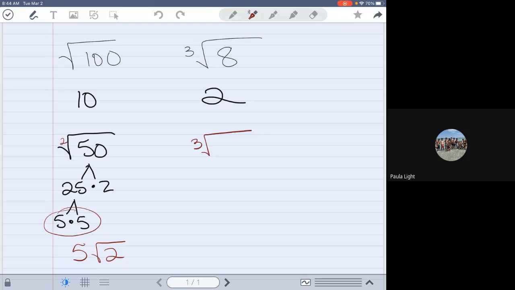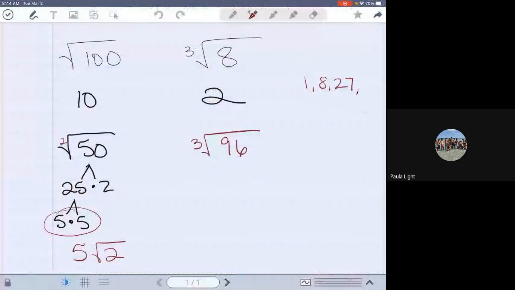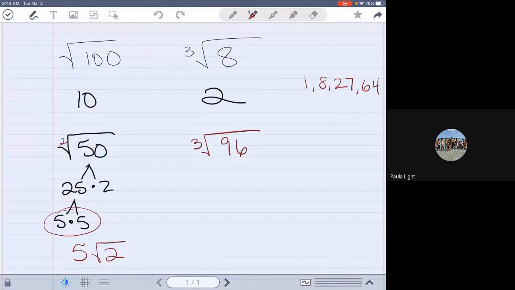Now let's do a cubic root of, I think 96 is one that I could do. And so I'm starting to think cubic roots. So I'm like, okay, 1, 8, 27, 64. And I'm like, I think 8 goes into that.